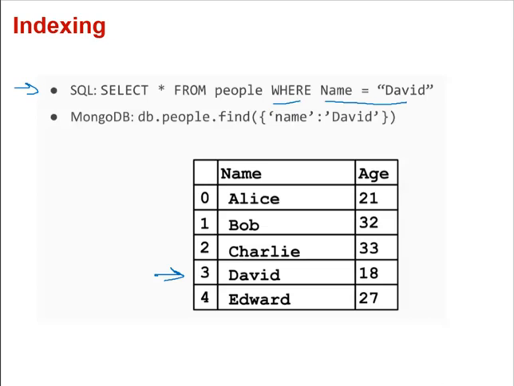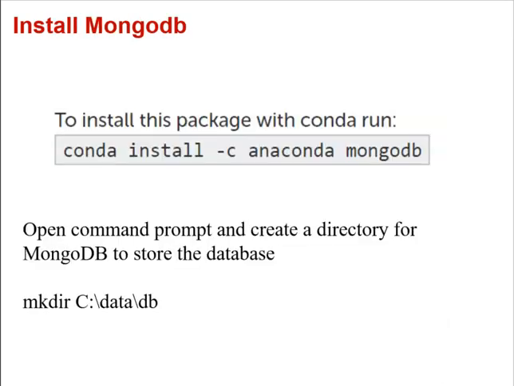Now at this point, let's make sure that you have MongoDB installed on your computers. Go ahead, open command prompt, and then type conda install -c anaconda mongodb. When you installed Anaconda and Jupyter, it comes with a lot of repositories where you can install other packages.